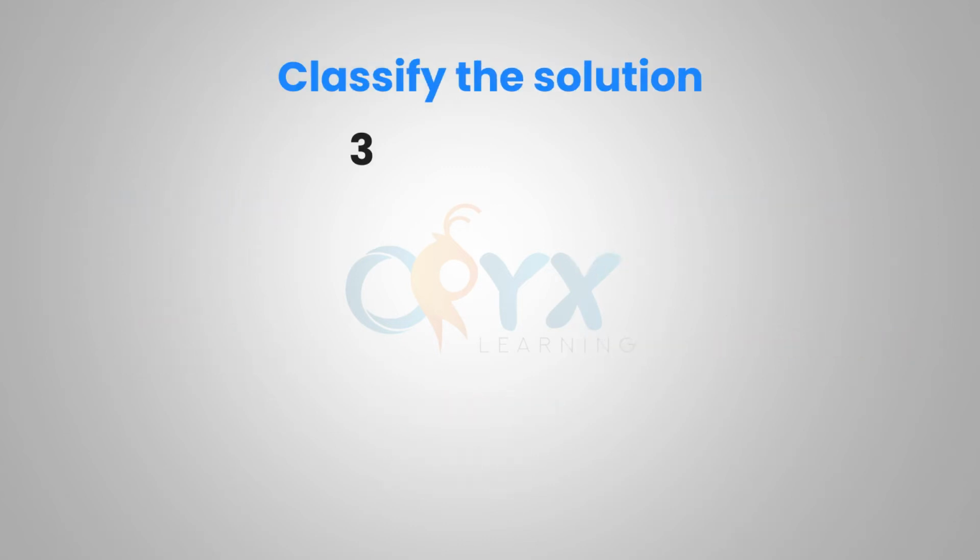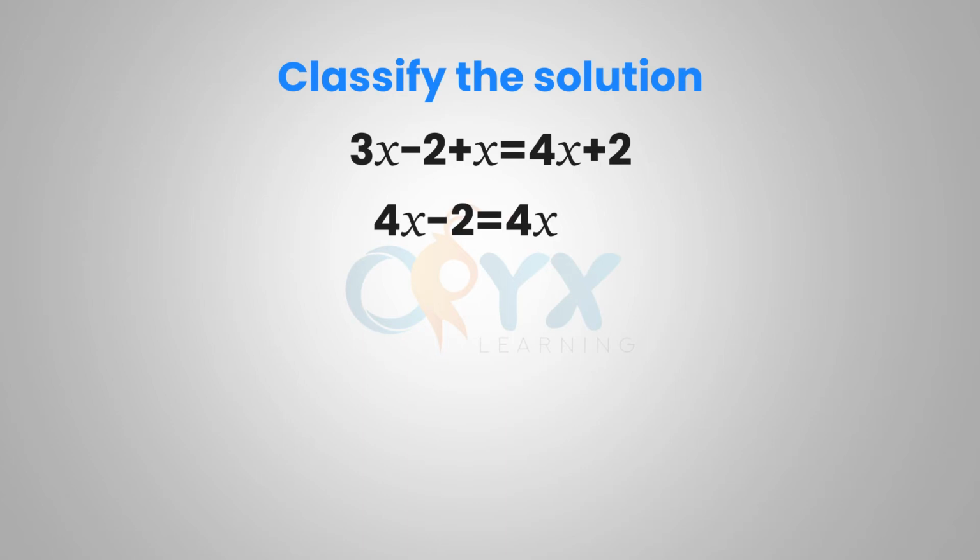Classify the solution of 3x minus 2 plus x equals 4x plus 2. Before we solve, we first need to simplify. In order to simplify, we'll combine our like terms. 3x plus x is 4x, so we have 4x minus 2 equals 4x plus 2.